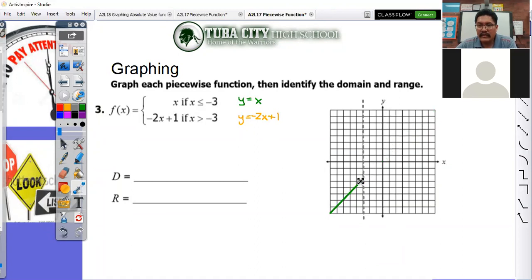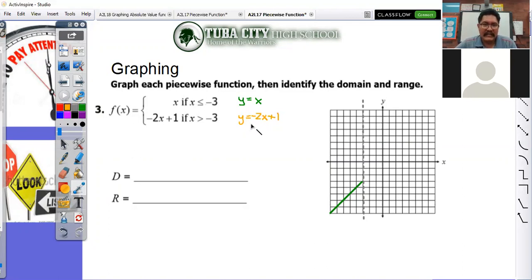So I'm going to shorten that line to about there. All this is going to be gone now, because again, it's only if x is less than -3. If I go to x of -2, I should not be able to use this line because it's telling me only if it's less than -3.